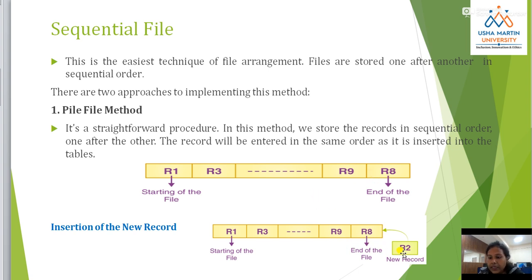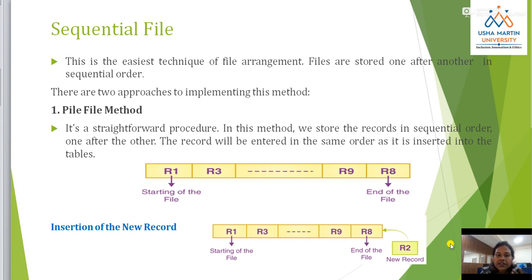Suppose a new record R2 came, we directly insert that record at the end of the file, and after R2 if a new record came, suppose R13, then after R2 we have to insert R13, then R15, R19.